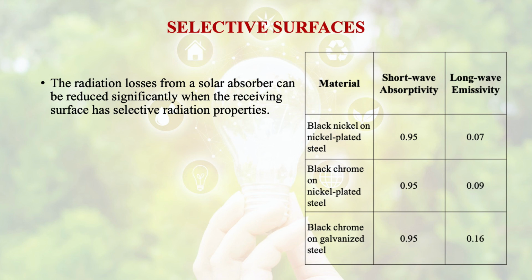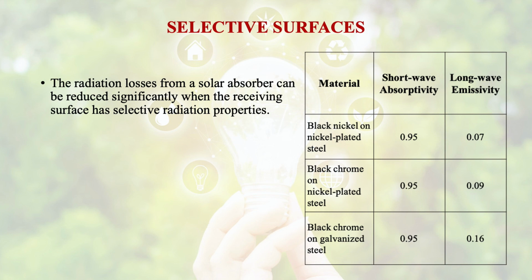has selective radiation properties. If we talk about materials such as black nickel on nickel plated steel, then the short wave absorptivity is 0.95 and the long wave emissivity is 0.07.